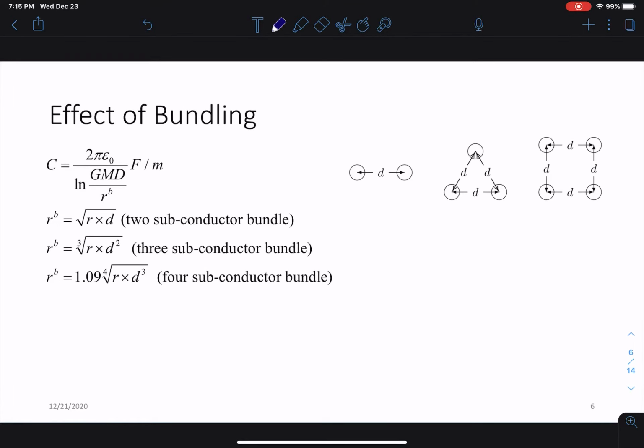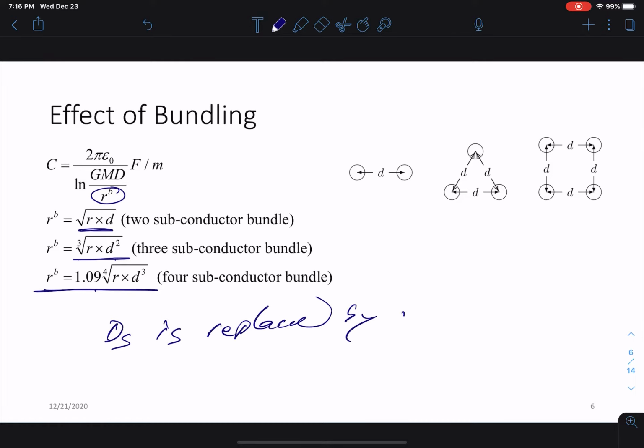Again, for the bundle, we use rb. For 2 conductors, this is the rb. Remember, we do not use Ds, we use r. For 3 conductors, this is the equation, and for 4 conductors, this is the equation. The only difference here is that Ds is replaced by r, and Dsb is replaced by rb.